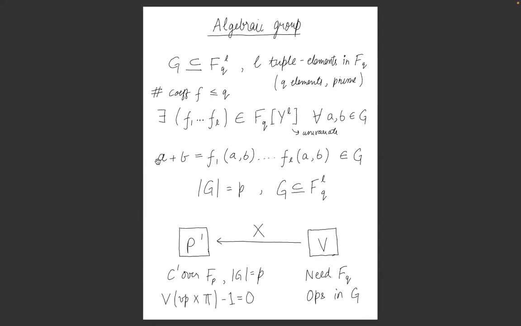So an addition of any two elements in the group can be done by these polynomials: a plus b, the addition in the group, is equal to f1, f2, f3, up to fL of a and b.